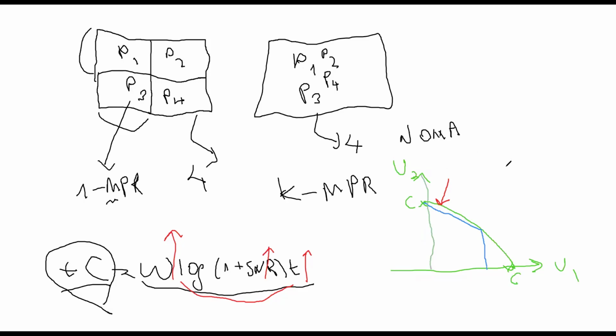In the end, it's a theoretical concept, and when you put it on the hardware, you cannot really reach where this red arrow brings you, but maybe you're somewhere here or maybe somewhere here, depending on your hardware. So in the end, it's not always guaranteed that NOMA will enable this, or some other technique that I don't know. But we assume that this KMPR is somehow enabled.